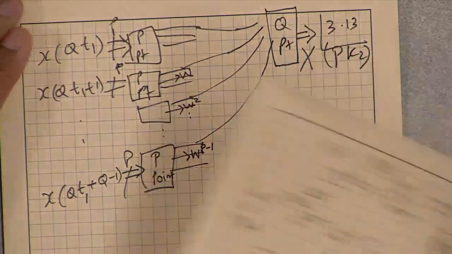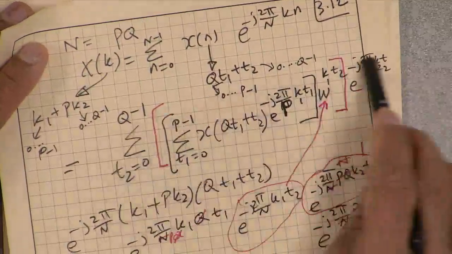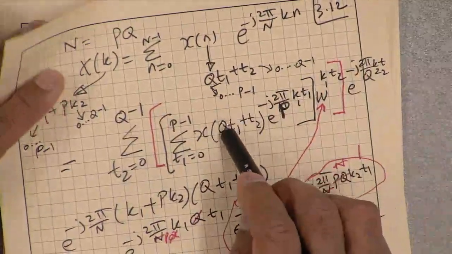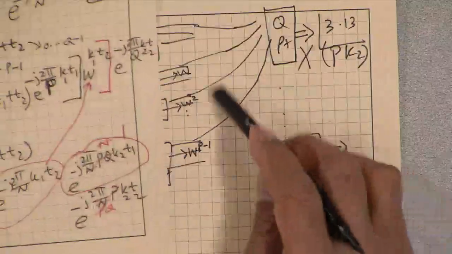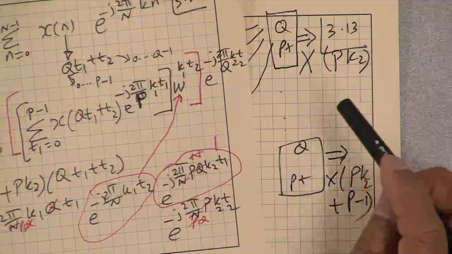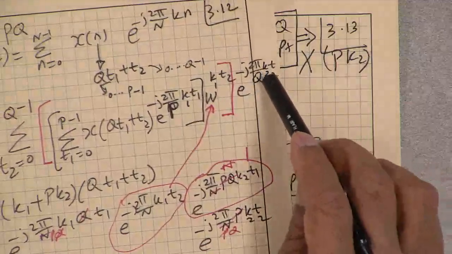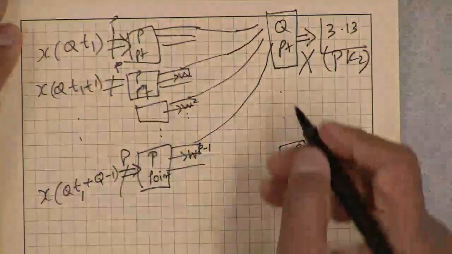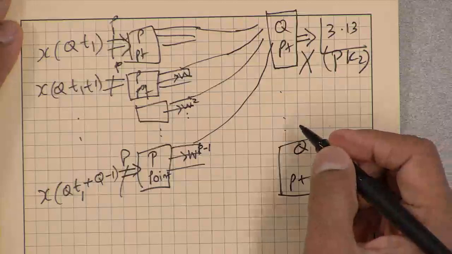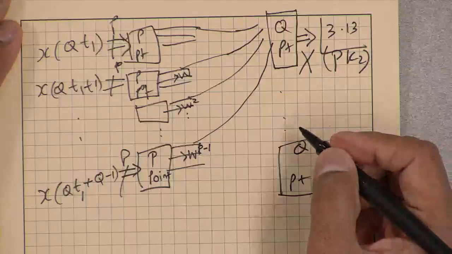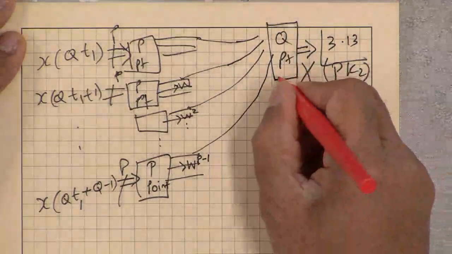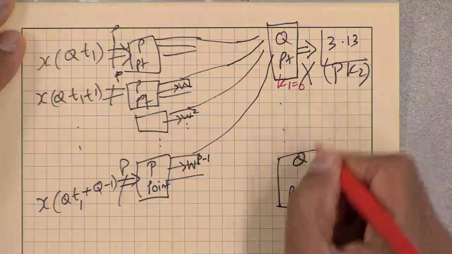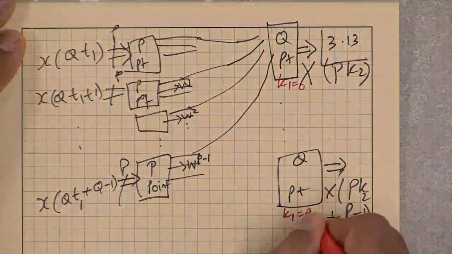So this equation here is Q P point DFTs followed by twiddles times P Q point DFTs. This one is K1 equal to 0 and this is K1 equal to P minus 1.